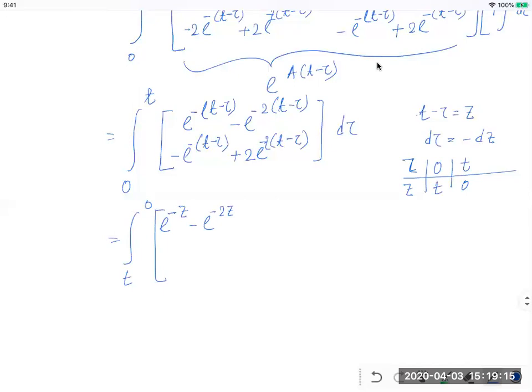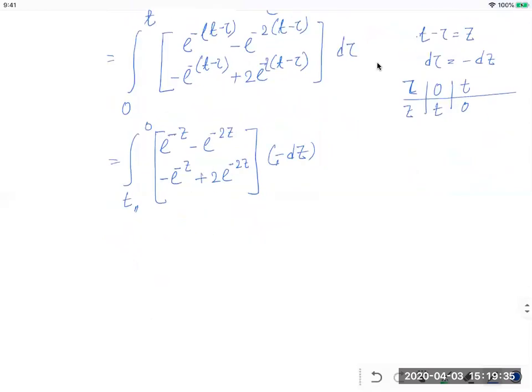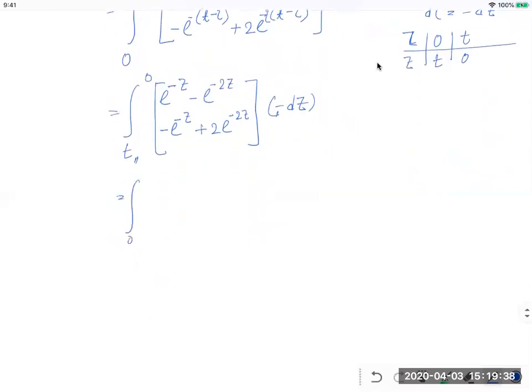This is the first element. Second element is minus e to the power minus z plus 2 e to the power minus 2z, multiplied by minus dz. Now changing the limit with this negative sign, 0 to t, e to the power minus z minus e to the power minus 2z is the first element. Second element is minus e to the power minus z plus 2 e to the power minus 2z, dz.